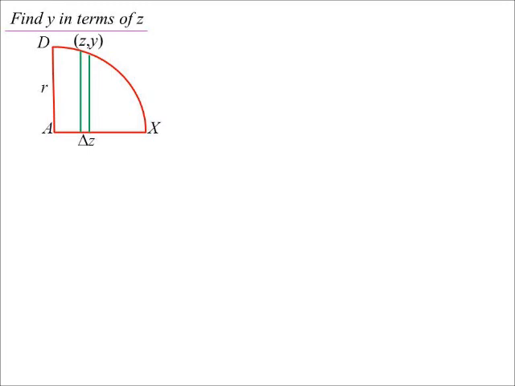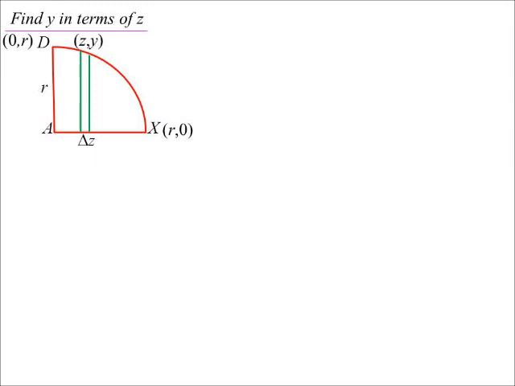So I'll give my slice some coordinates, ZY. Now, I've said at the top, I'm going to define my slicing of Z starting at A. So at A, Z will be 0, and we'll get out to the end, where Z will be whatever the radius is. So at Z equals 0, the height of the slice would be the radius, and at the other end, when Z is the radius, the height is 0.